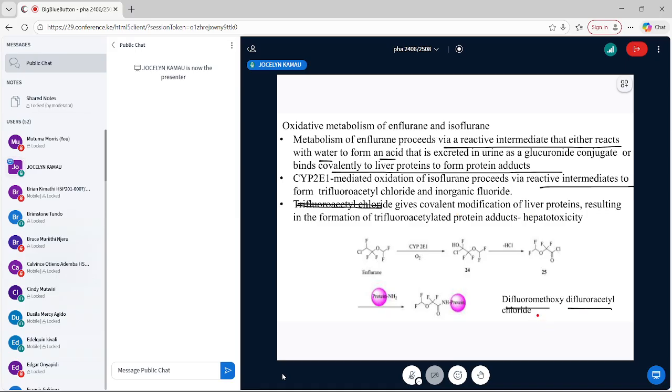Again, that compound, as you can see, difluoromethoxy, difluoroacetyl, it is this compound here. Difluoromethoxy there, difluoro here, these are the difluoroacetyl and the acetyl, because of those two carbons, acetyl chloride. So again, the metabolite is just because of the structure.